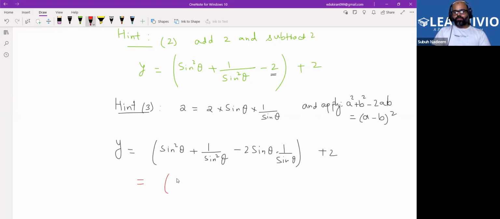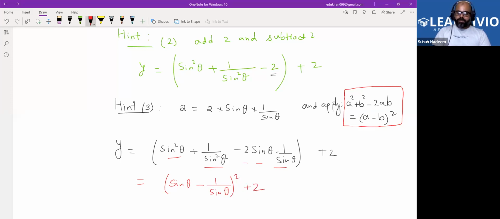Sorry, a minus b whole square is the identity. So this is a square, this is b square, this is minus 2ab. So what we will write? Sine theta minus 1 by sine theta, the whole square. This is what we will get.